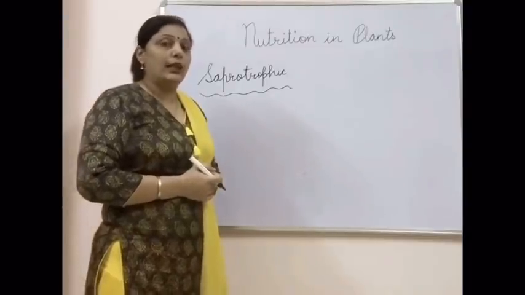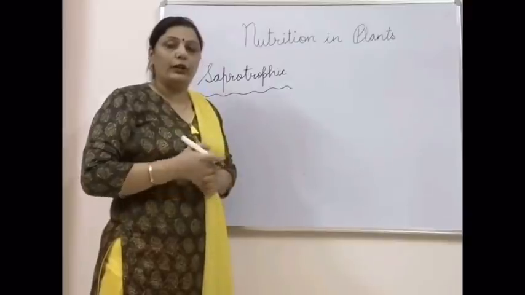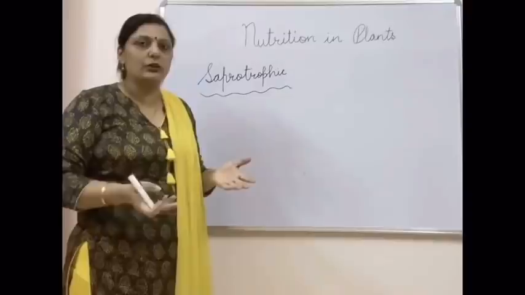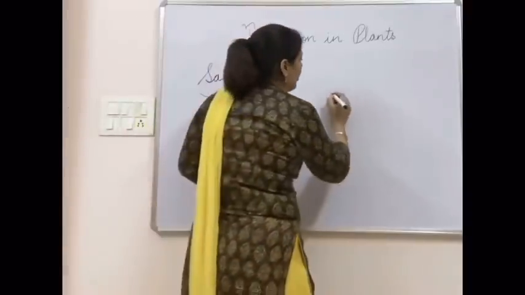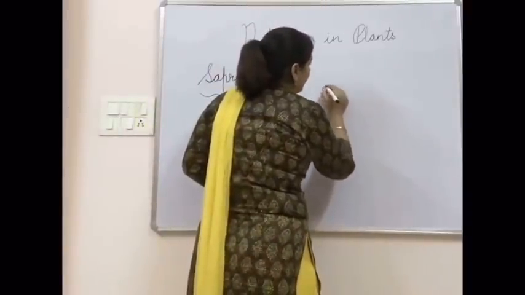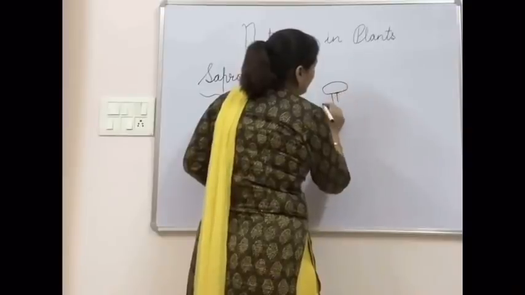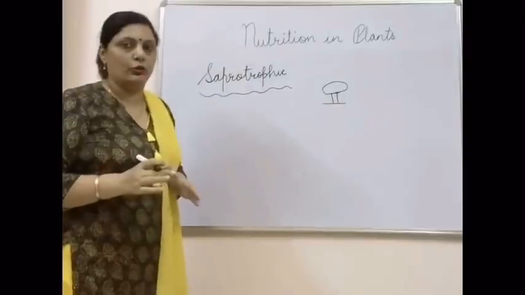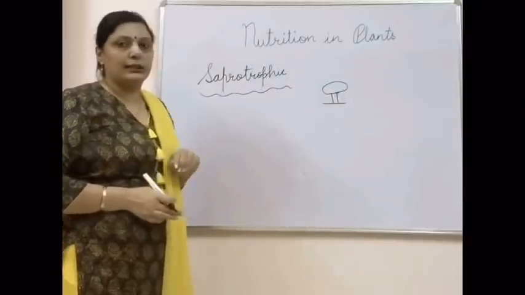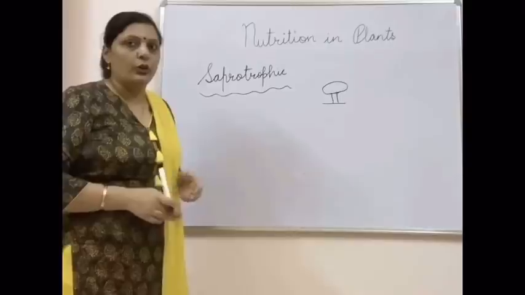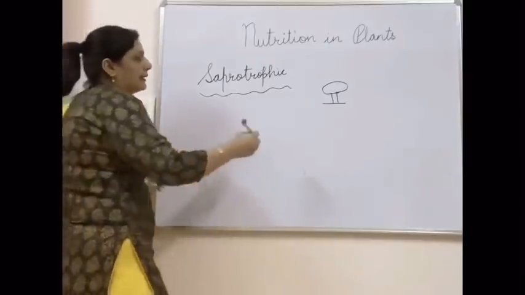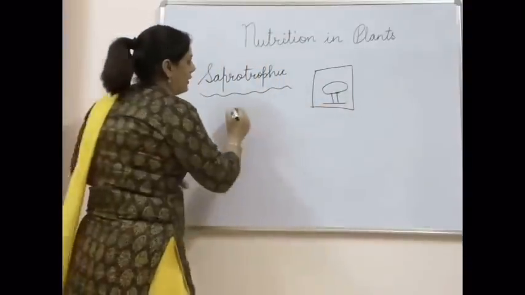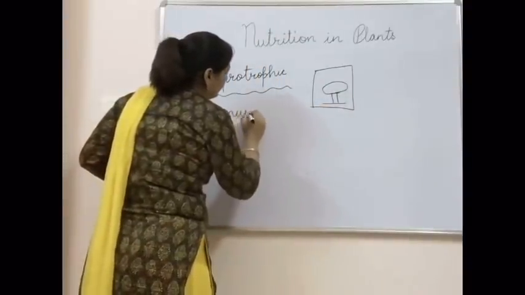But can you take a mushroom which is growing wild, like in the rainy season in gardens or playgrounds, where there are tiny structures growing like this, and just pick it up and eat? No, because you might be scared whether it is edible or not. So what is this structure called? This structure is called a mushroom.